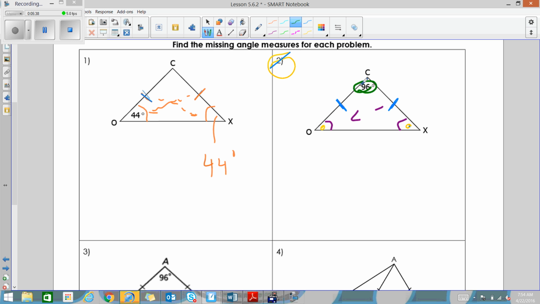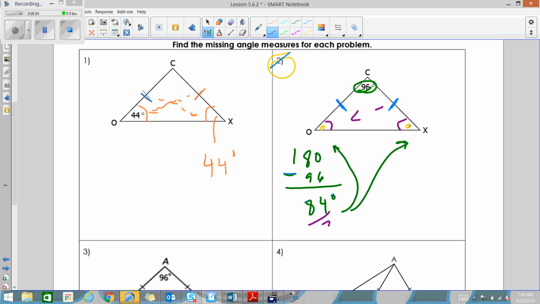So we can take the sum of the triangle's angles, 180, and subtract 96 out of it. We're going to get 84 degrees. Now that 84 degrees is equally shared between these two angles, so we divide by 2, and each angle is 42 degrees.